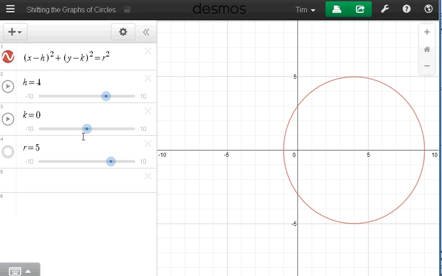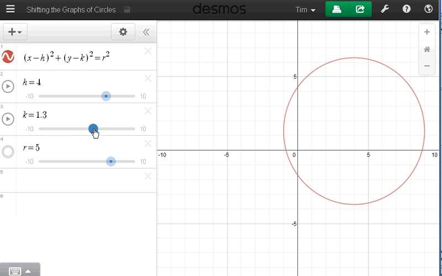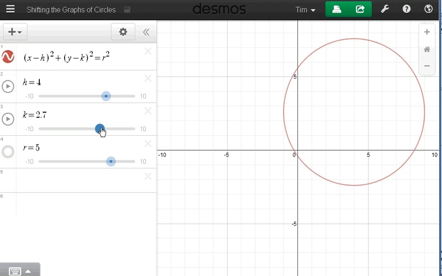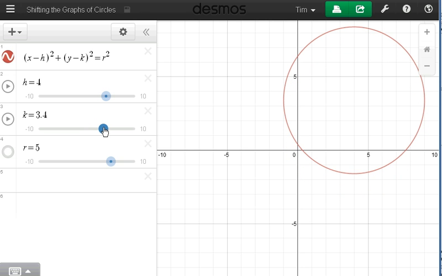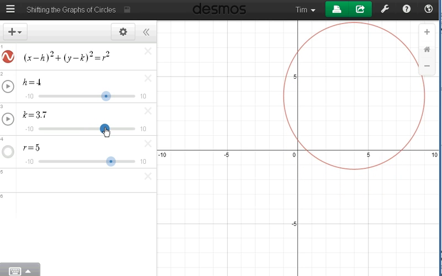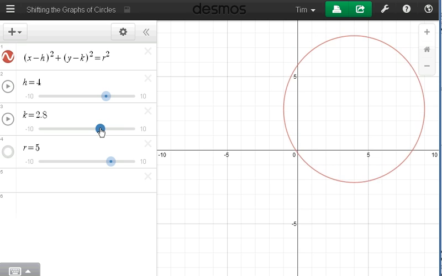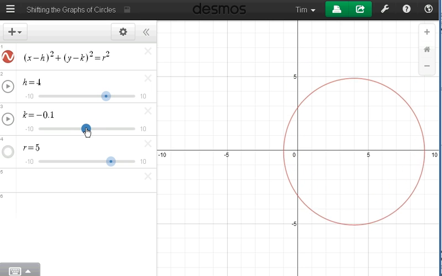Any guesses on what happens when we increase the value of k? Yep. The graph shifts upward. When we decrease the value of k, the graph shifts downward.